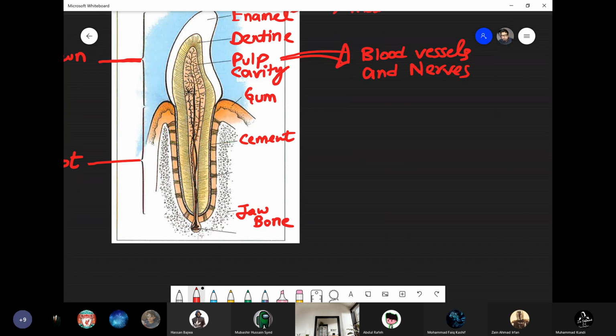Understood, everyone? And then boys, next thing which we are going to discuss, these are the fibers that attach the tooth to the jawbone.